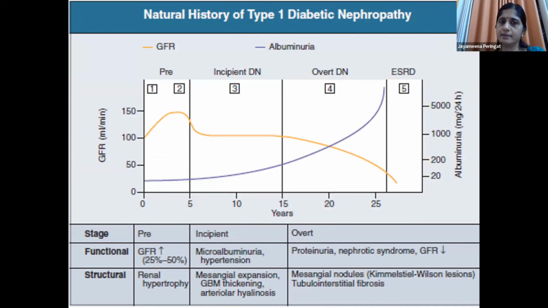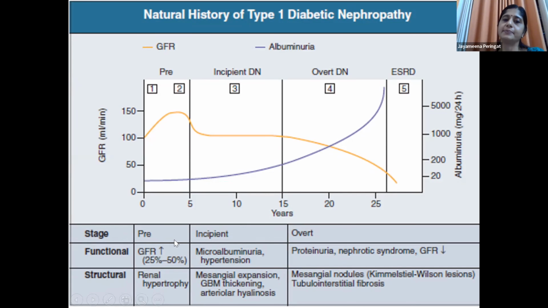So what is the natural history of diabetic nephropathy? This is typically described only in type 1 diabetes, because only in type 1 diabetes do we know when diabetes starts. There are basically 3 stages: the pre-stage, the incipient stage, and the overt stage. In the first stage, you get an increase in GFR with intermittent microalbuminuria with exercise, and renal hypertrophy.